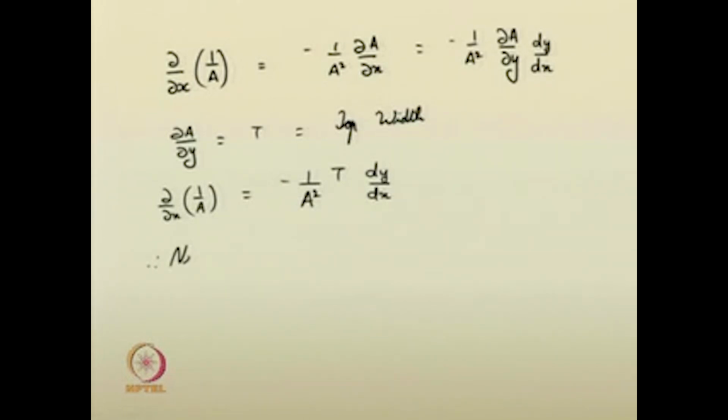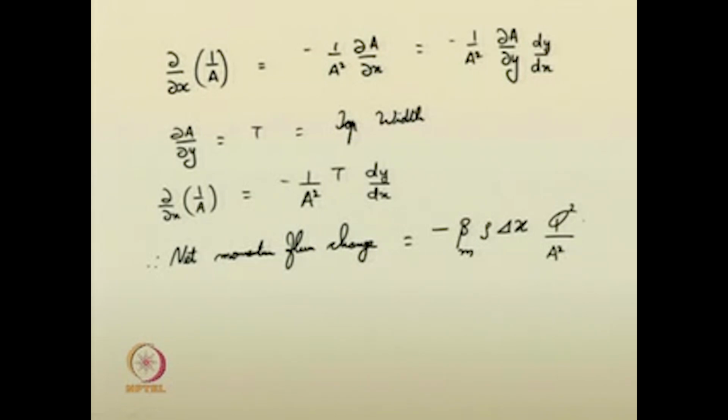Therefore, the net momentum flux change is equal to, see the negative quantity has appeared here, so I have to incorporate that here: minus beta m rho del x Q squared by A squared T dy by dx. So, come back to our net force in the control volume.